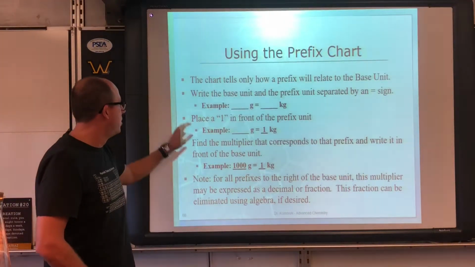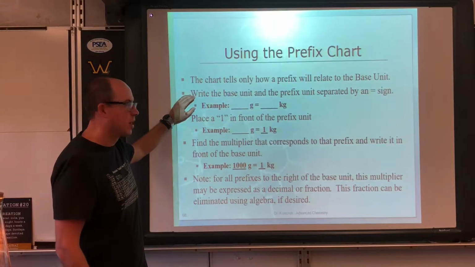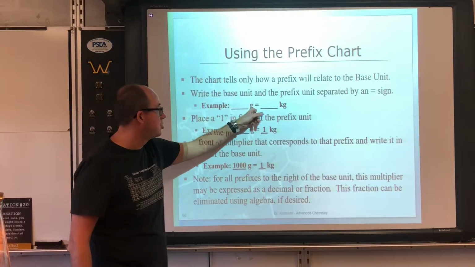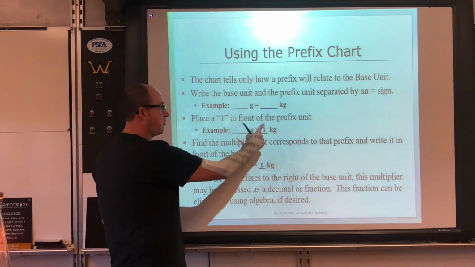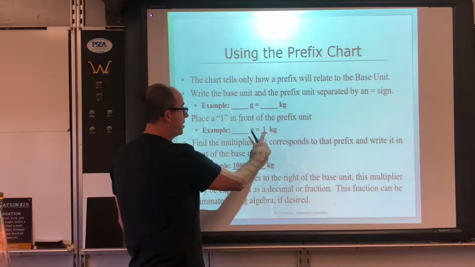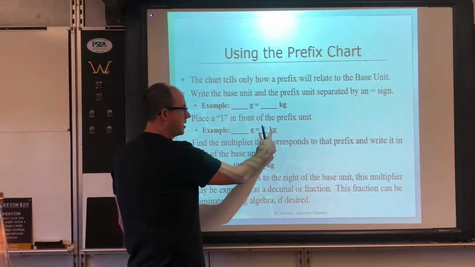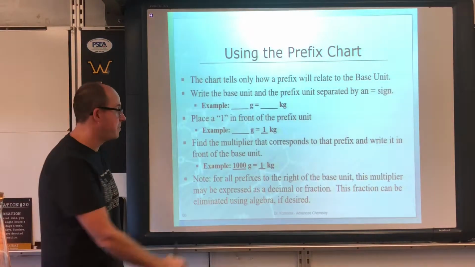So for example, if we want to know how grams and kilograms relate to one another, we can begin by writing the base unit and the prefix separated by an equal sign. You find the prefix unit, which is kilograms, and you put a 1 in front of it. Then go to the chart and find that prefix. In this case, it's kilo. Kilo, the multiplier listed is 1,000, so we fill that in front of the base unit.